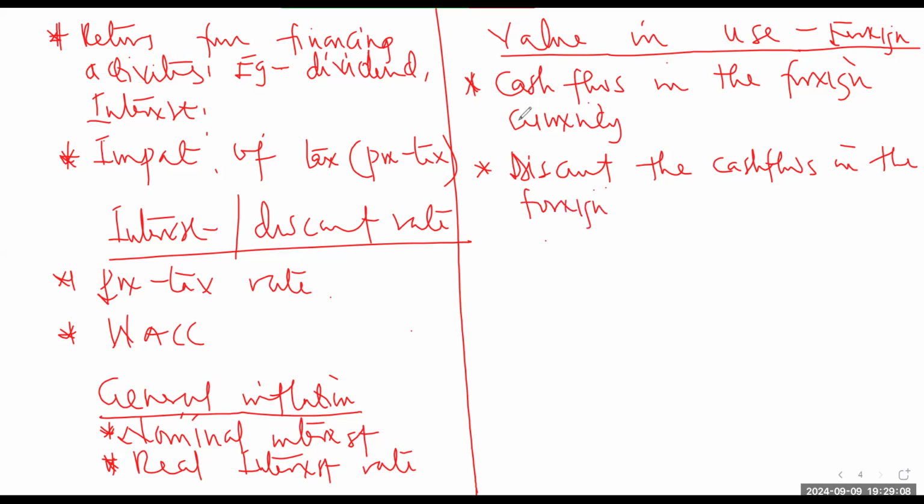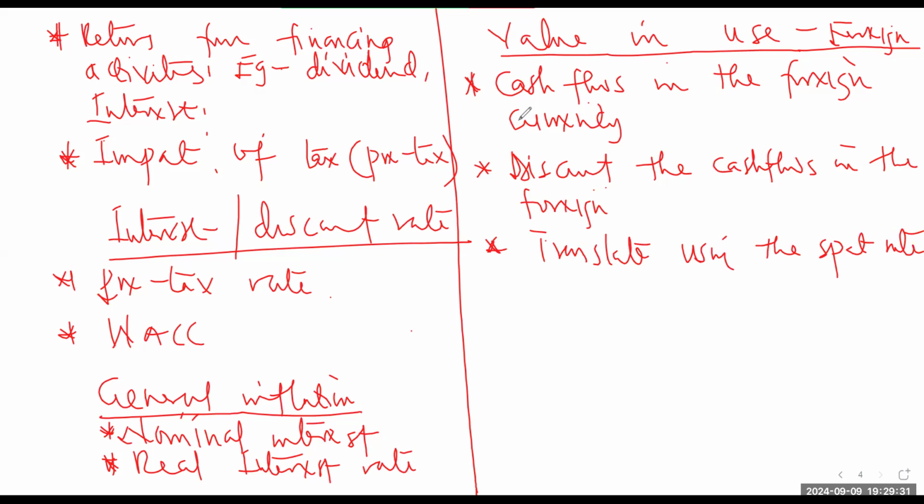Discount means that we find the present value, today's value. Then you translate the present value using the rate at that day, which is the spot rate, the rate at the time of this discounting.